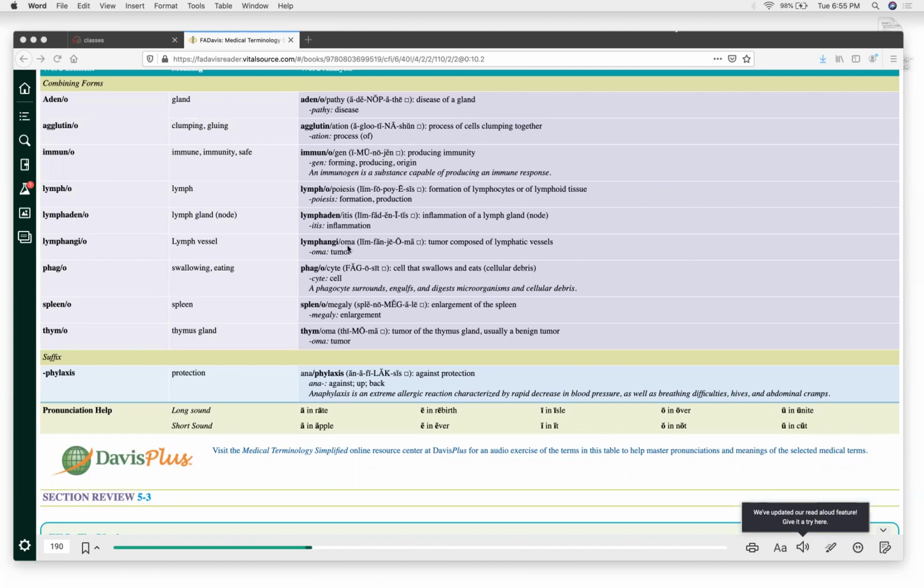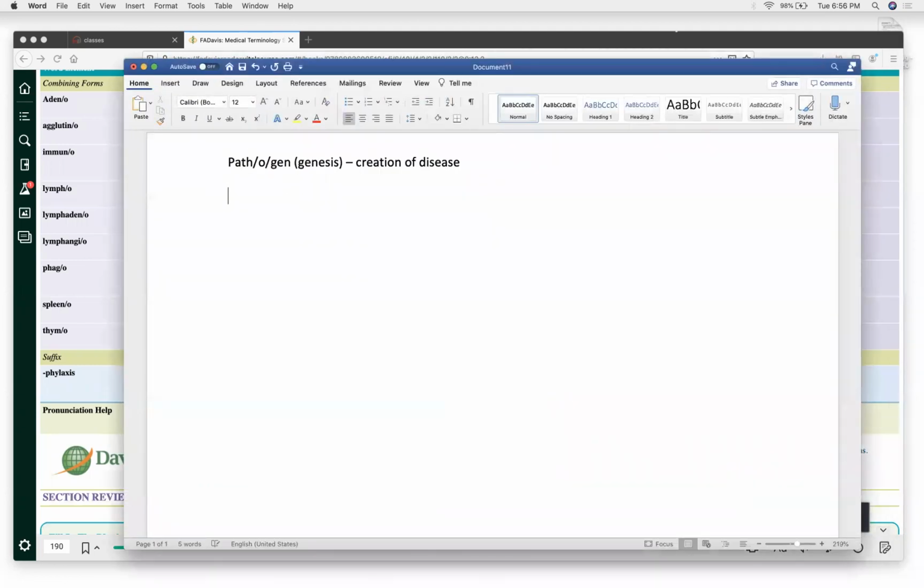Lymphangioma. Oma means tumor. Now remember last week's lecture, I talked about itis. Tumor to us, to medical professionals, just means lump or bump. It doesn't mean cancer. Now, when does it mean cancer? Well, if I have something called a carcinoma. Oma means tumor, and carcin means cancerous.